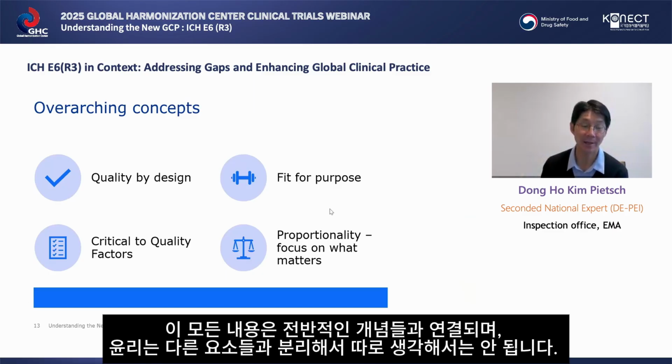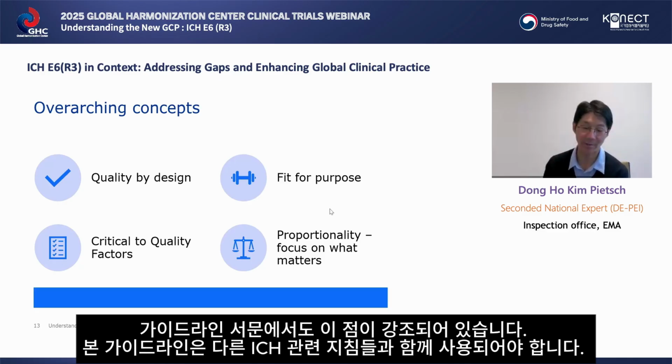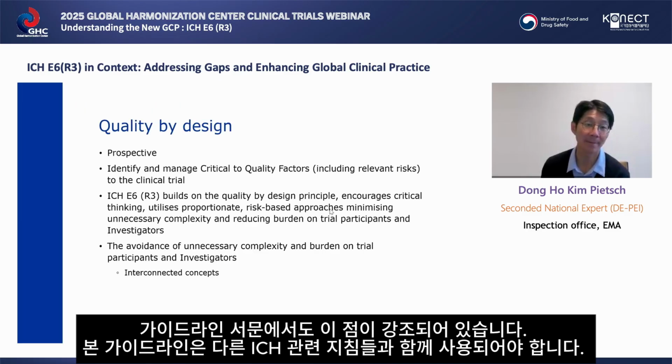This all builds into these overarching concepts. And E6 should not be read alone in isolation, as also mentioned in the introduction of the guideline. Read it in conjunction with other relevant ICH guidelines and other relevant guidelines out there.